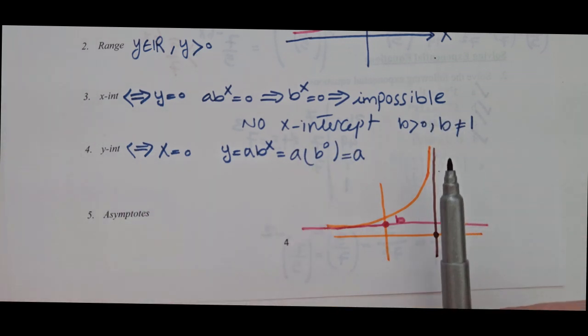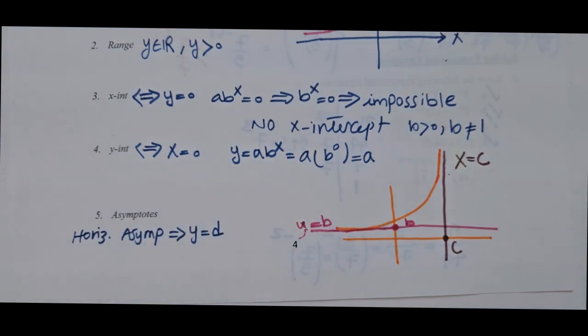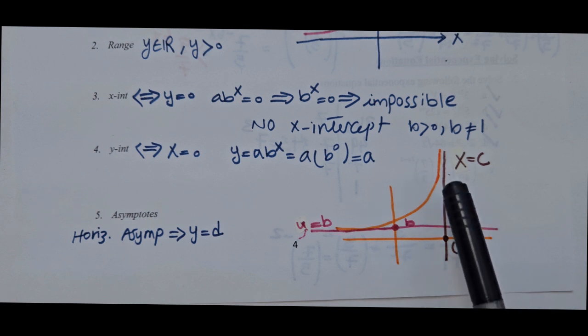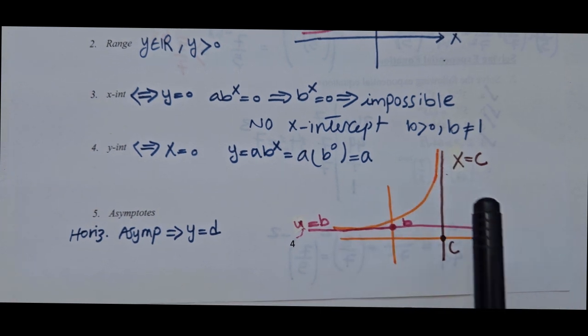Talking about asymptotes, I want to give you a reminder as a side note. Asymptotes are straight lines that constantly approach a given curve, but don't meet the curve. They get so close, but the curve, which is this orange one, and the line, the pink line or the brown line, never pass each other.